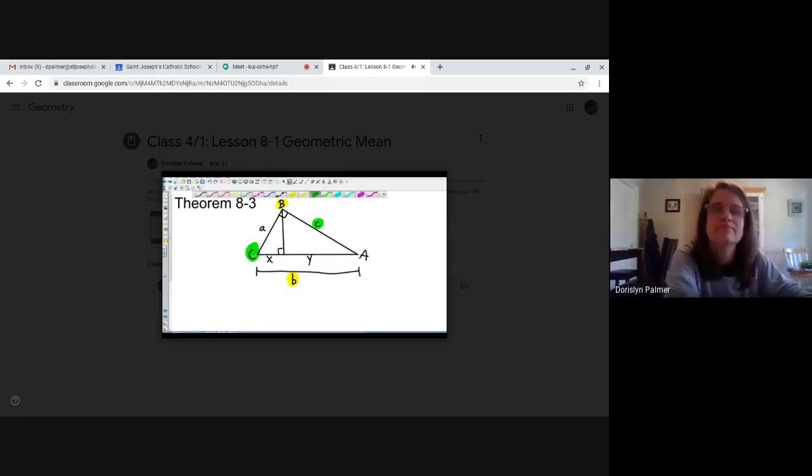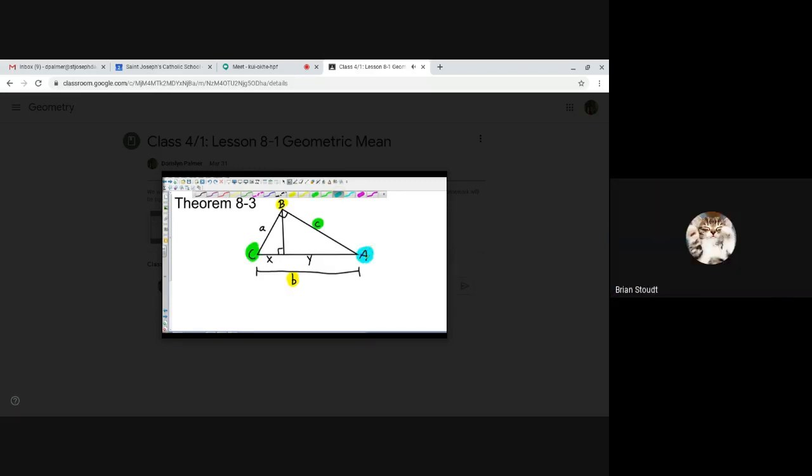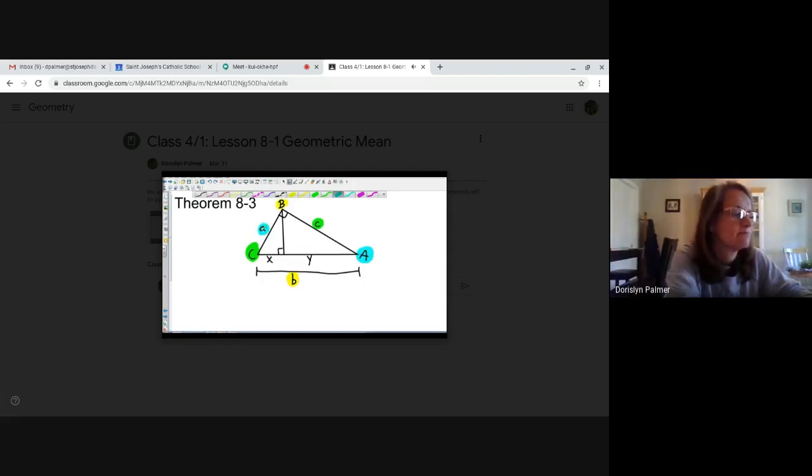And then angle A is opposite side a. Okay. Still have the little pieces X and Y. So now we're going to be finding A and C.